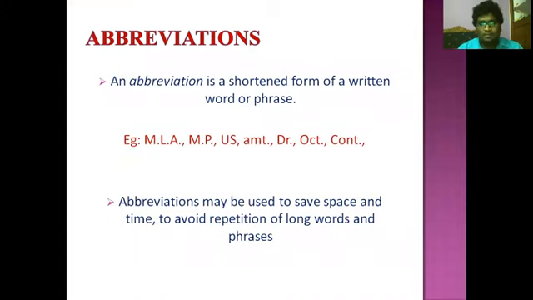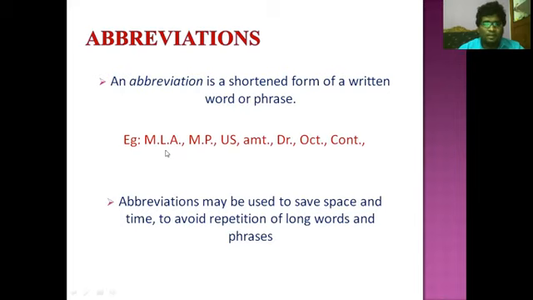Abbreviations are nothing but a shortened form of a written word or a phrase. Most of you might know this one. As you're seeing an example here, MLA. M stands for member, L stands for legislative, and A stands for assembly.